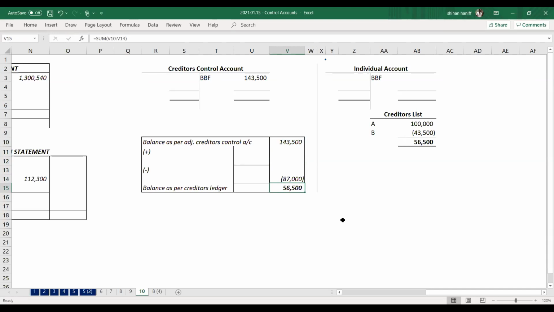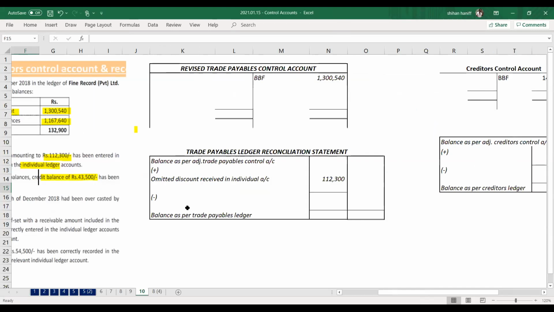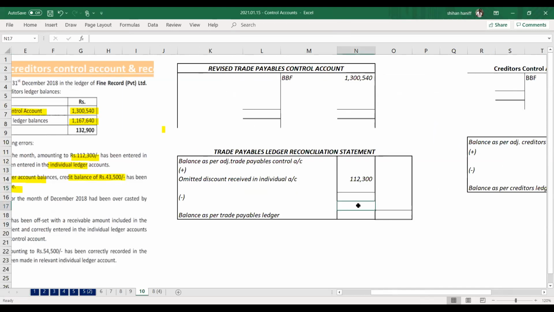So we have to deduct 87,000. A credit balance was debited in the individual account. That's a minus.